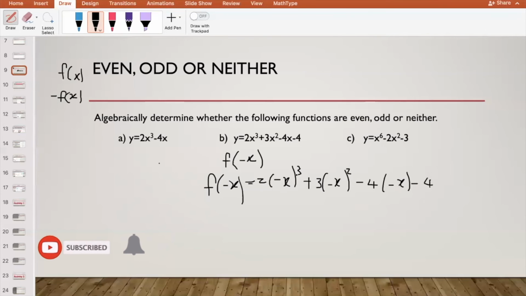So minus x cubed will give me negative x cubed. That means this will become minus 2x cubed.